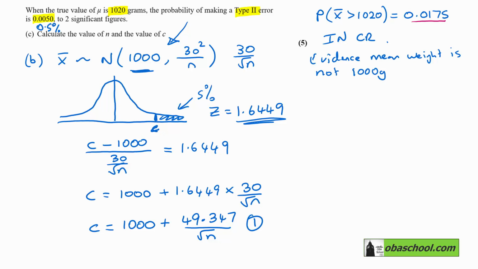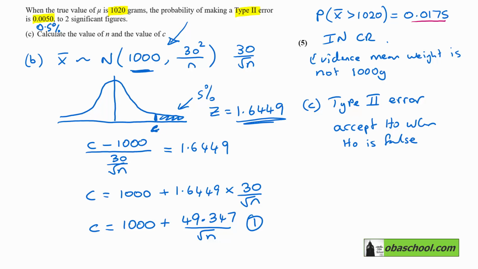So they're giving us some more information. So the first thing to remember is what a type 2 error is. And that is accept H0 when H0 is false.